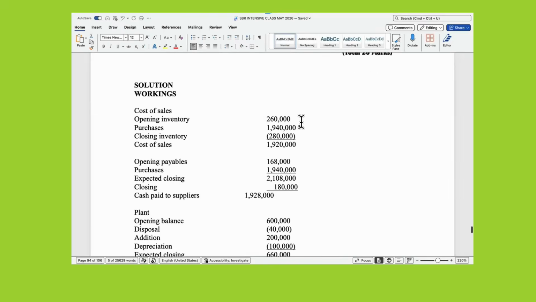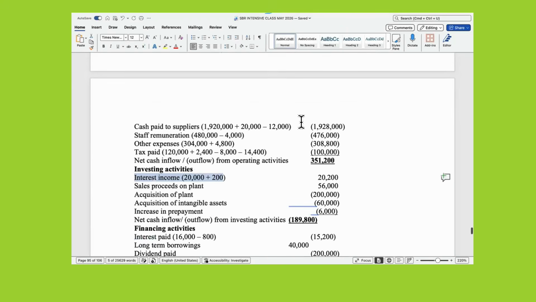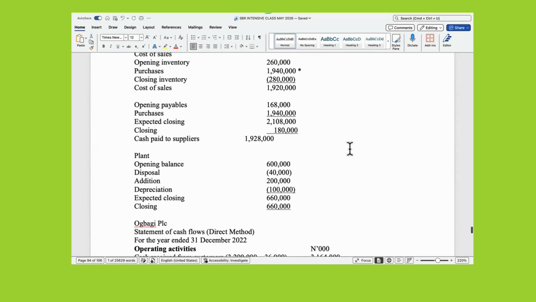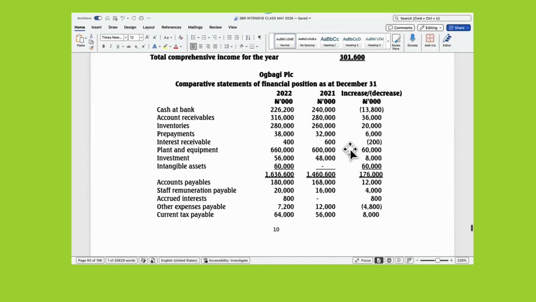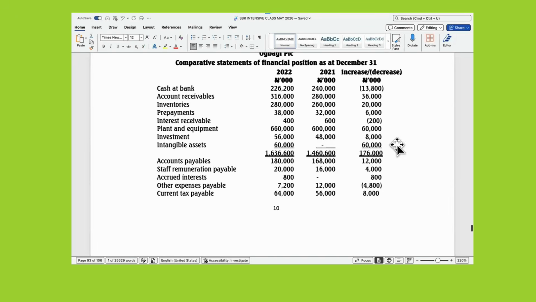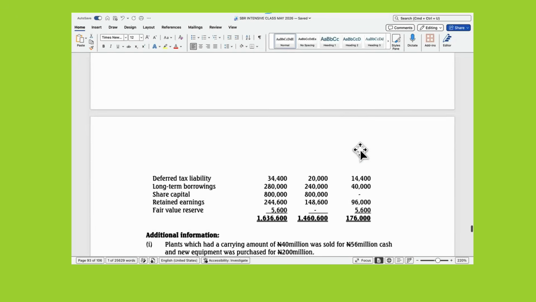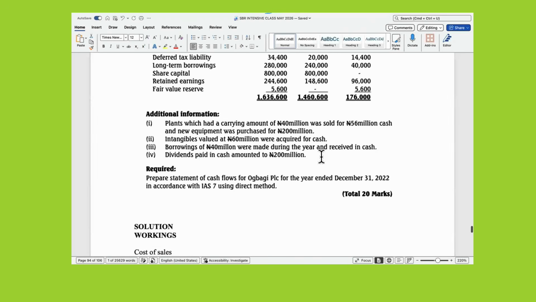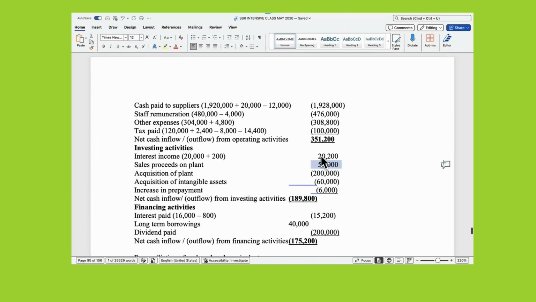And that is what I really do. So for my investing, I bought plants, outflow, and I sold, inflow. For my intangible assets, they told me that increased by 60. That's an acquisition. And they told me that intangible assets were acquired for cash. So 60.